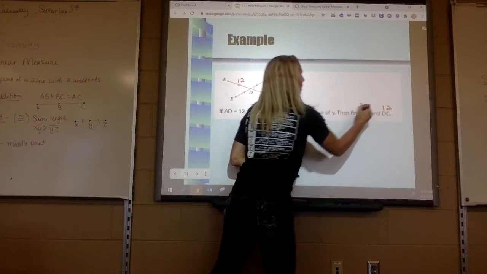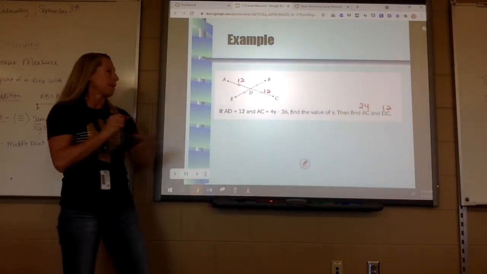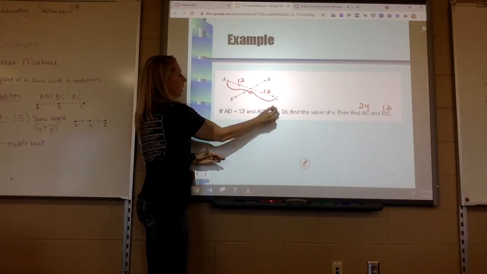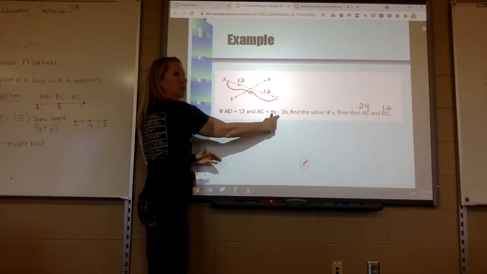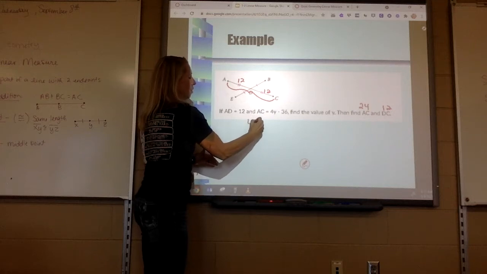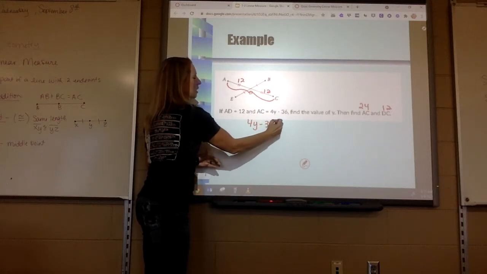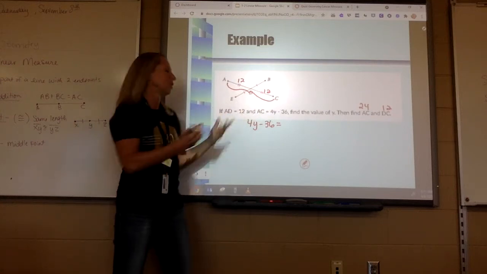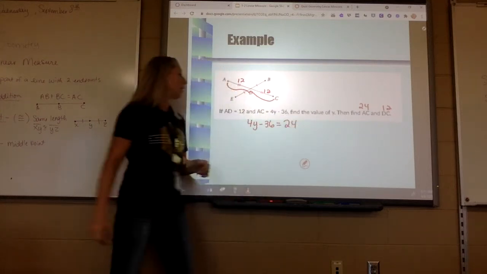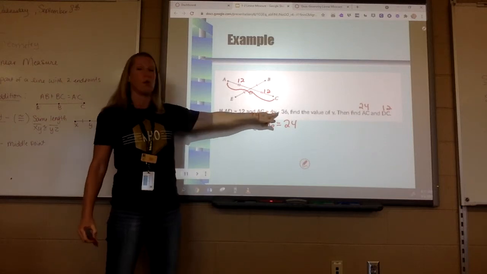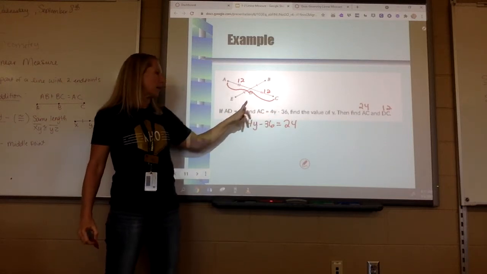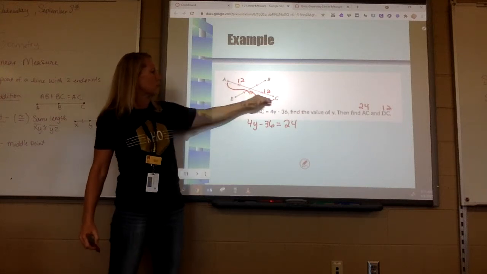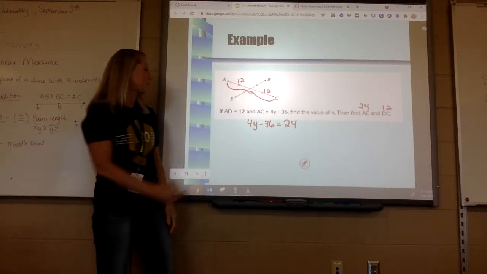I also have to find Y. So it tells me right here that AC, the whole thing, is 4Y minus 36. So 4Y minus 36 would equal, what is that whole thing? 24. A lot of people look at it and just see the 12 and the 4Y minus 36 and say 4Y minus 36 equals 12. But it doesn't equal just that piece. It equals the whole thing, 24.